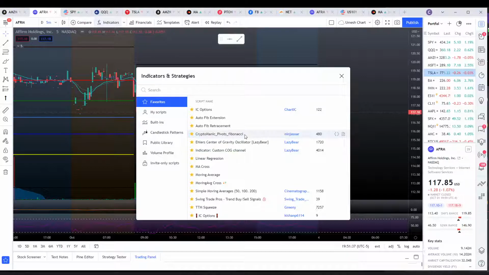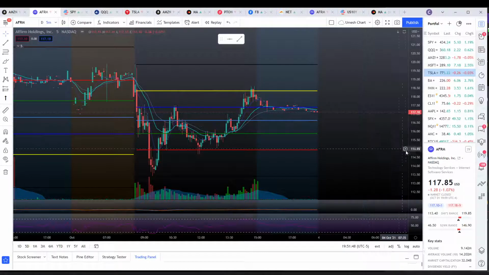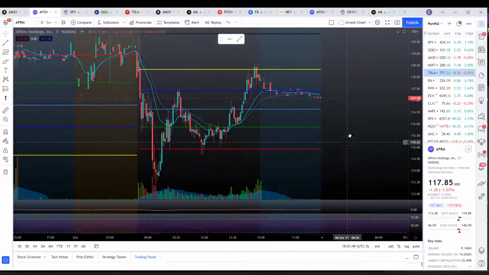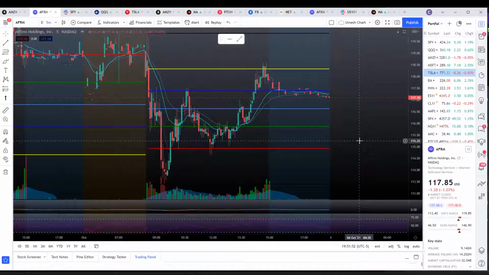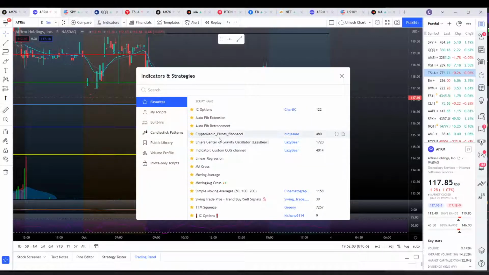This was passed on to me by one of my good friends years ago, and I've added this one to scalp. It's pretty much your support and resistance on short term. That's all it is. It's in the education tab. I have posted it. It's called Crypto Manic Pivots Fibonacci.